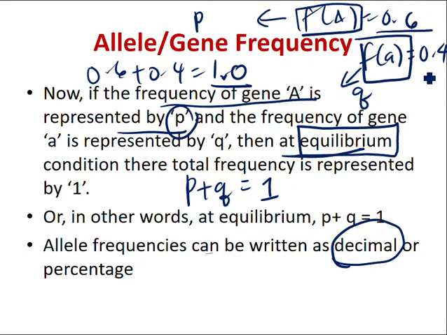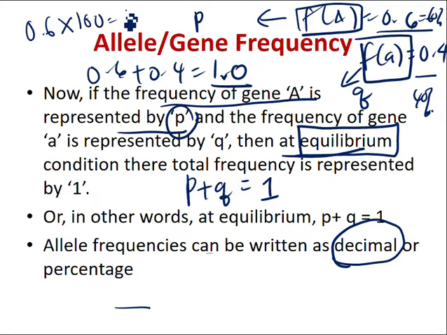Allele frequency can also be written in decimal form or in percentage. 60% or 40%, because you have 100 people. So 0.6 times 100 people is 60%, and 0.4 times 100 people in that population of the previous question is 40%. If there are 50 people, then you multiply by 50 and get the percentage.